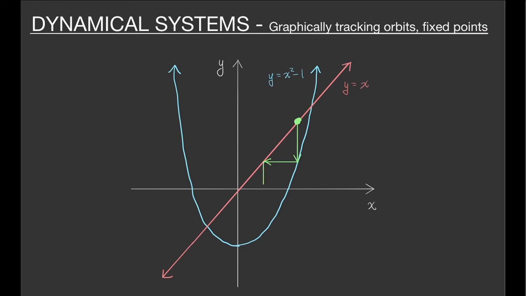Then we're going to be moved back to here, like so, and we may kind of spiral around here, and so on. Again, where graphical analysis in this case is not as helpful is in making sure that we would, let's say, get closer and closer to the fixed point that we saw earlier.